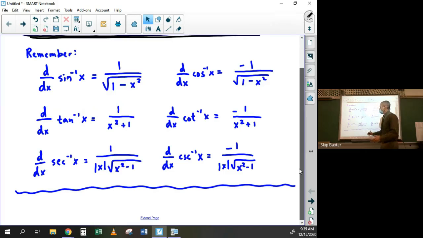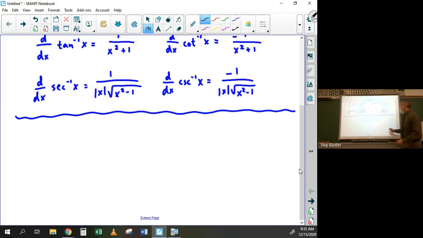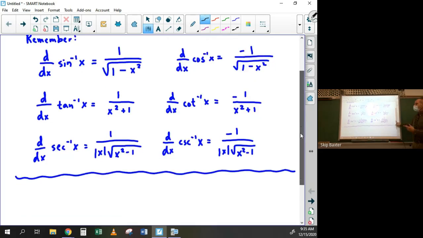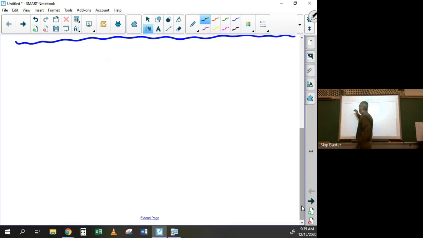All right, so there are obvious integral rules that are just opposites of these. The integral of 1 over the square root of 1 minus x squared is inverse sine x plus c.